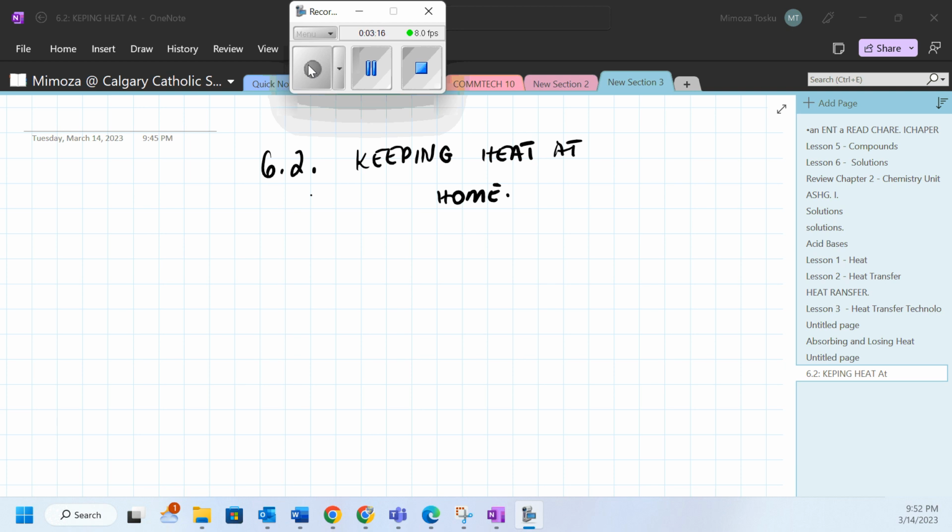Therefore, we have to understand that good insulation of our home will save heat, and therefore will save money on our bill.